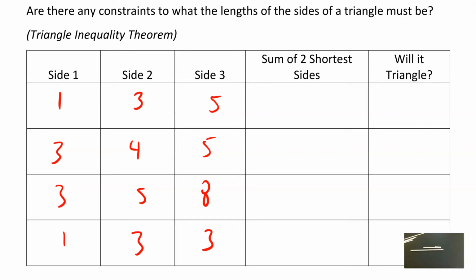Obviously, I know that if they get ridiculously different, like the 1, 3, and 8, it did not work. I'll write that over here in the margin, and we'll maybe talk about why that didn't work, other than the obvious reason that they just didn't fit. All right, so a 1 inch, a 3 inch, and a 5 inch.